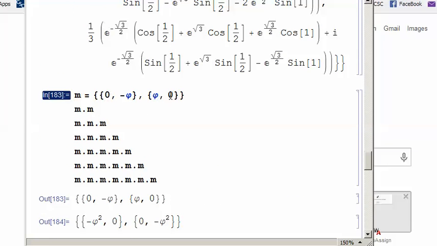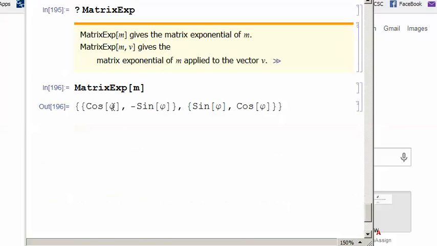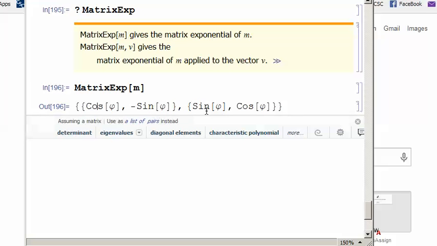There it is. M is 0, negative phi, phi, 0, and this gives us the matrix form: cosine phi, negative sine phi, sine phi, cosine phi.